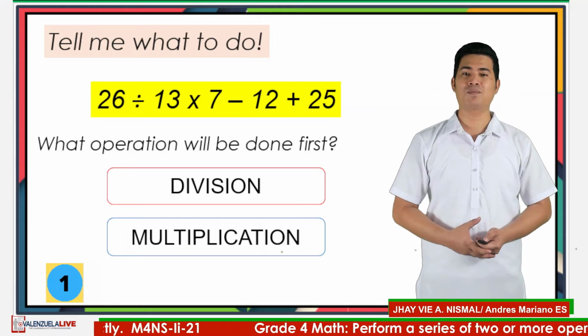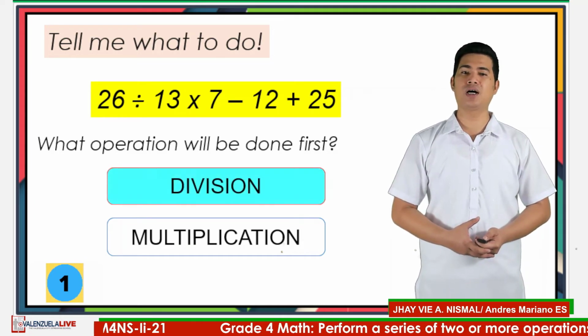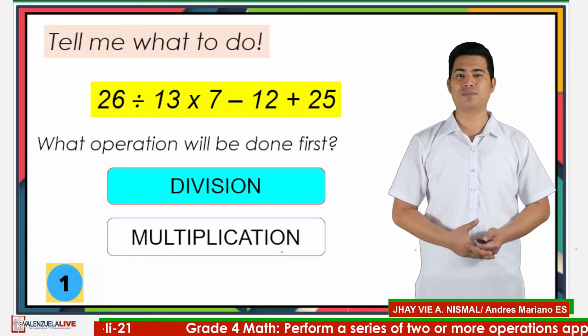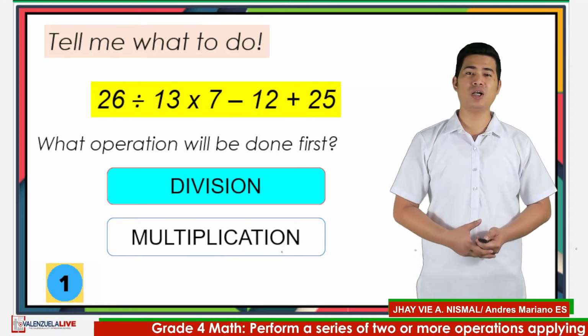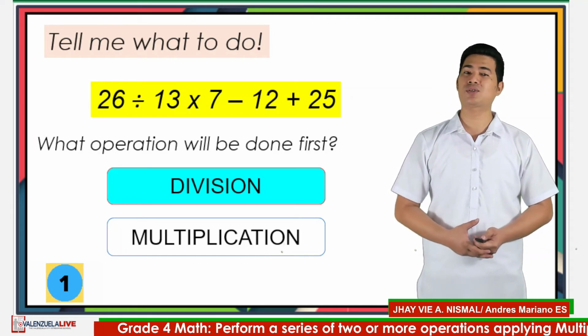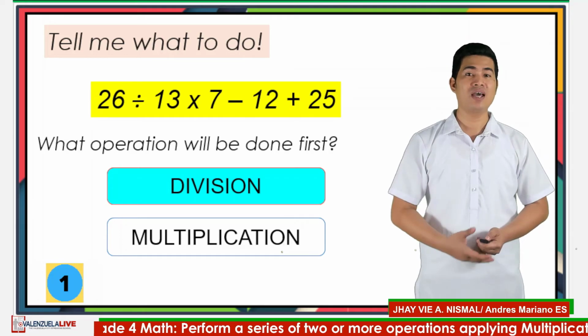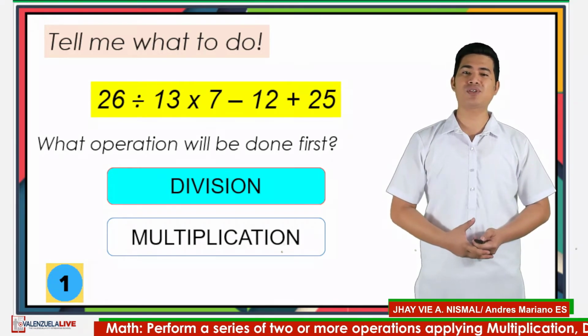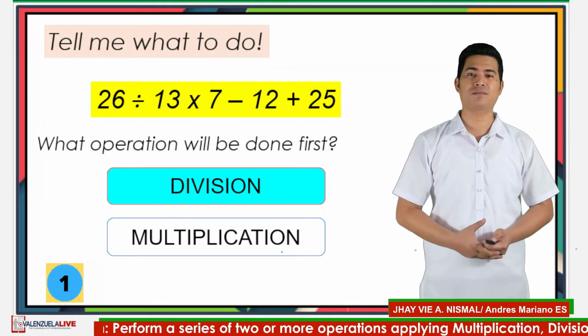Time's up. If you chose division, amazing job. How's your score, learners? Did you get a score of 4 or 5? Great job. Now let's proceed to our second activity.